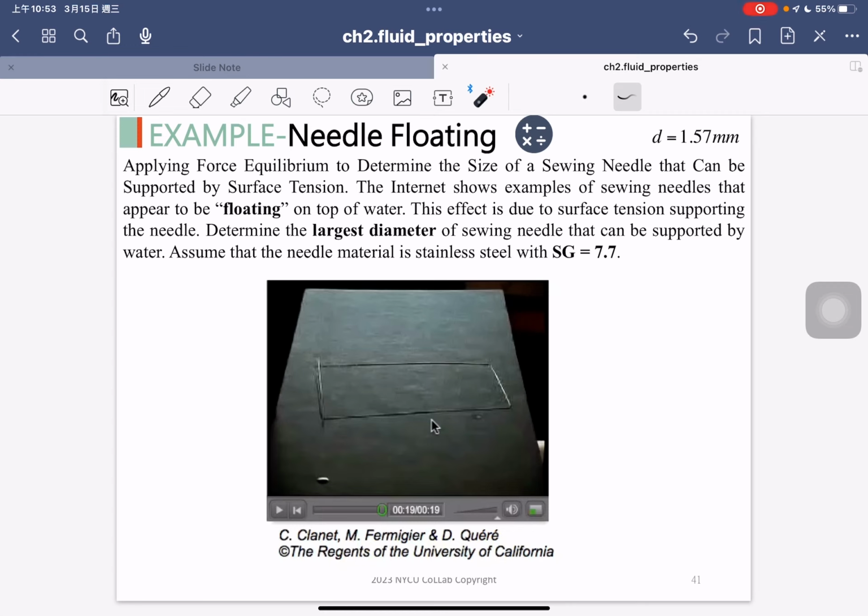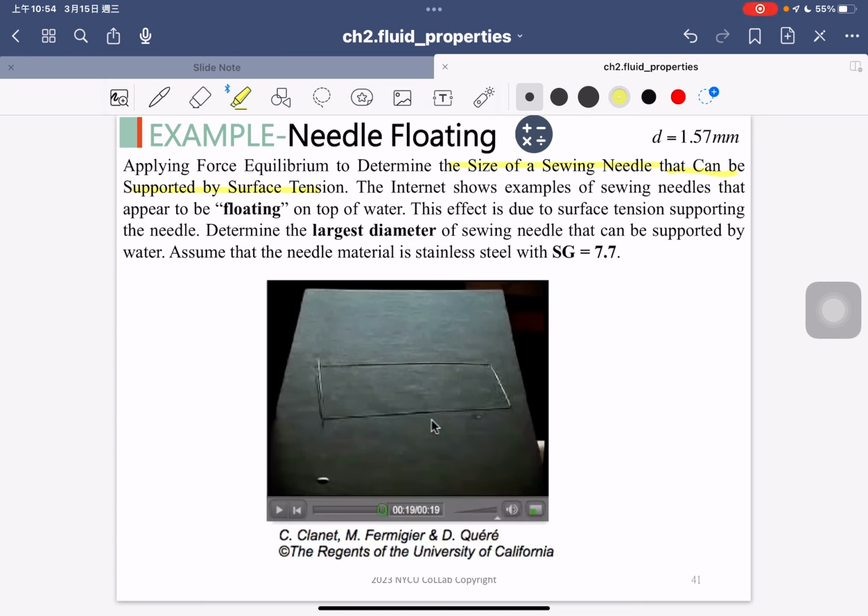So the question is, we want to determine how large the needle can be that is supported by the surface tension. You just put different size needles on the water to see why the needle can float, and you change to different sizes. You can see some needles cannot float. That means the surface tension cannot support them.